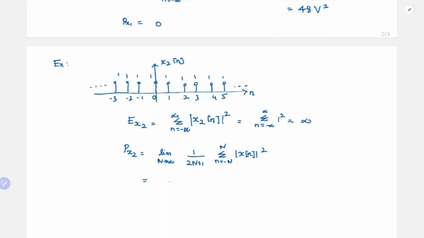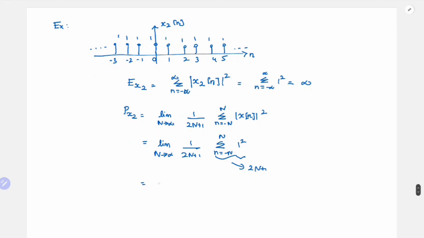And this is going to be equal to 1 square. And this summation is going to be 2N plus 1. So the 2N plus 1, 2N plus 1 cancels. So it will just be limit N tends to infinity 1, which is nothing but 1 itself. So the power of this signal is going to be 1.